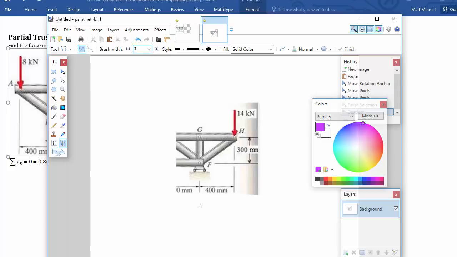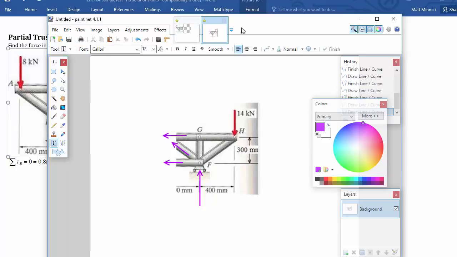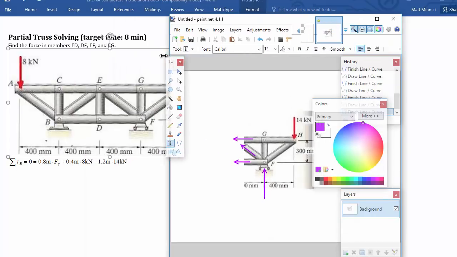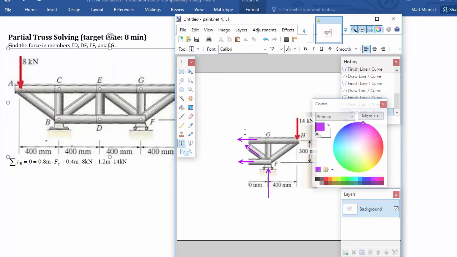Let's do something like that. Okay, and we've got some force there, we got some force there, and we've got some force going out that way. So these will be with reference to the original labeling. This force would be EG.